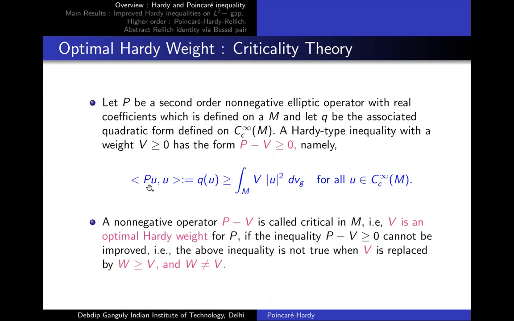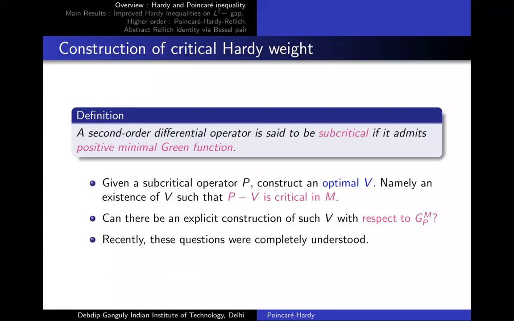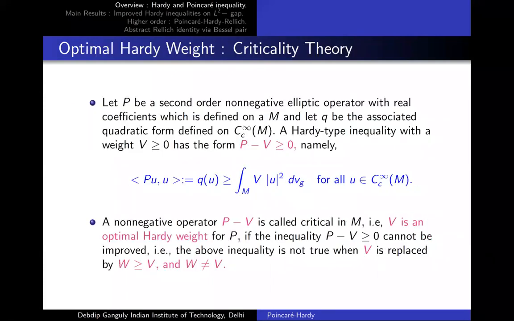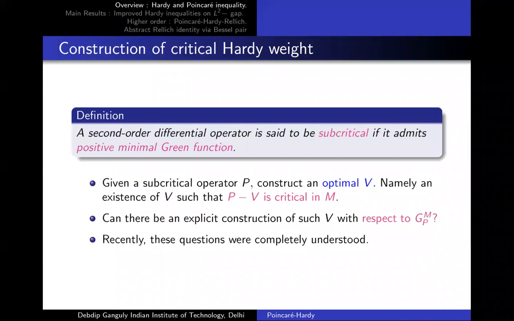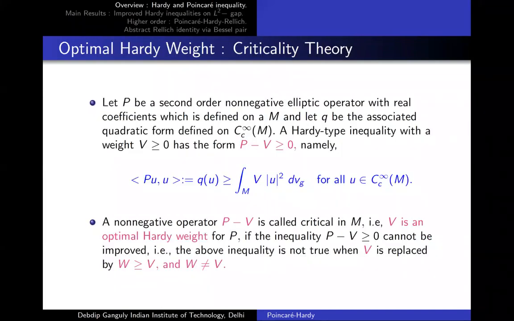Equivalently, this inequality cannot be improved. Now the question is: given any subcritical operator P, does there always exist a v such that P minus v becomes critical? This is the next natural question we can ask. Given any subcritical operator, you take now the Laplacian in R^n. I will come to that.